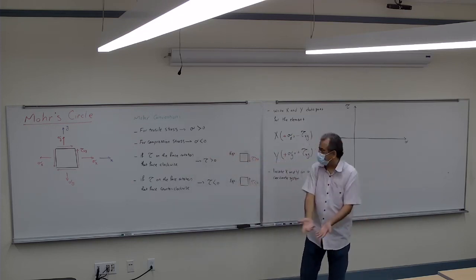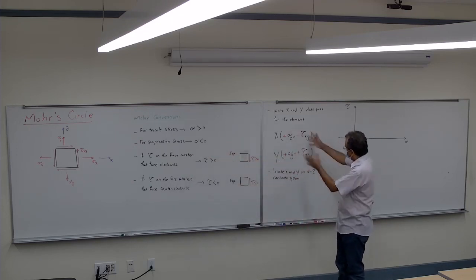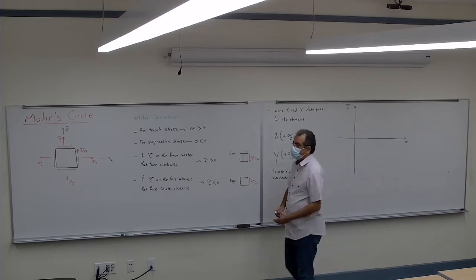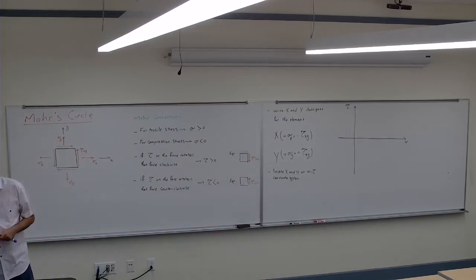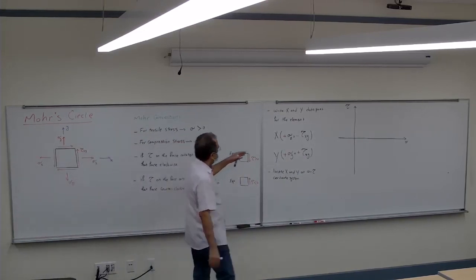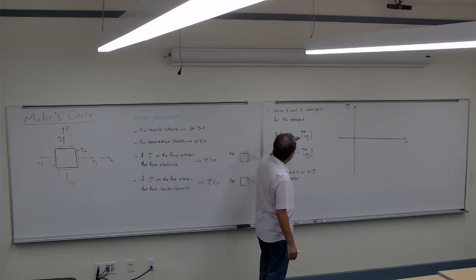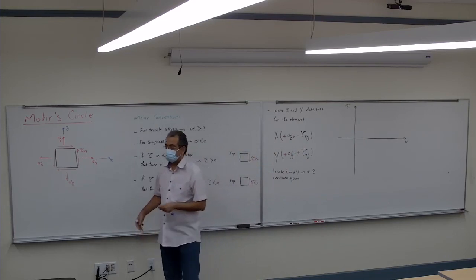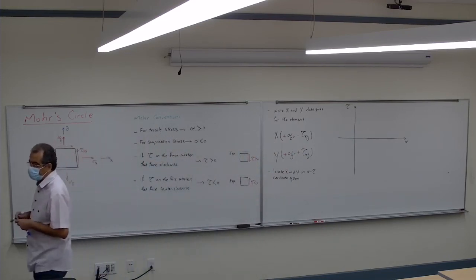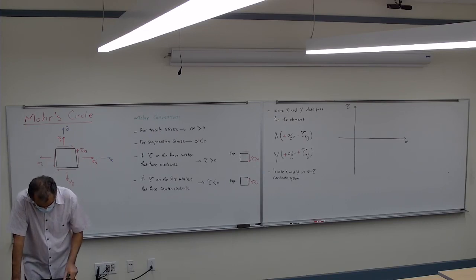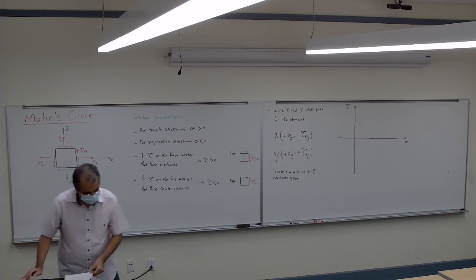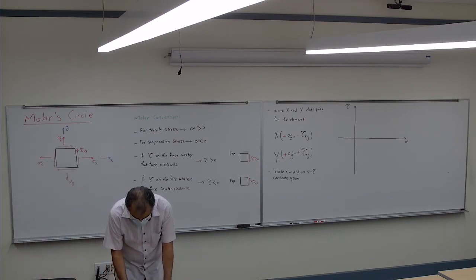When you are given, they might not be positive and there might be something else. But for here, where would be the x and where would be the y? So x is the sigma x and negative tau xy, and y is the sigma y as plus tau xy.